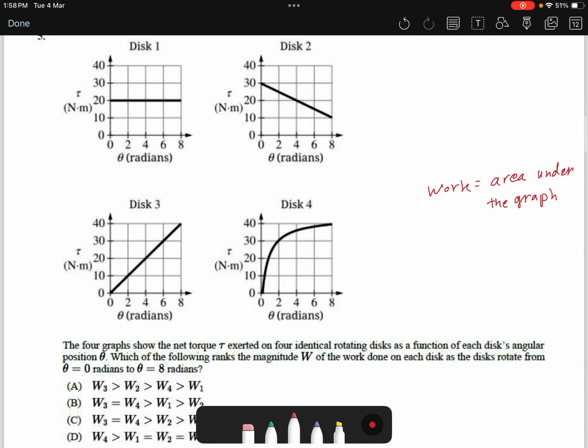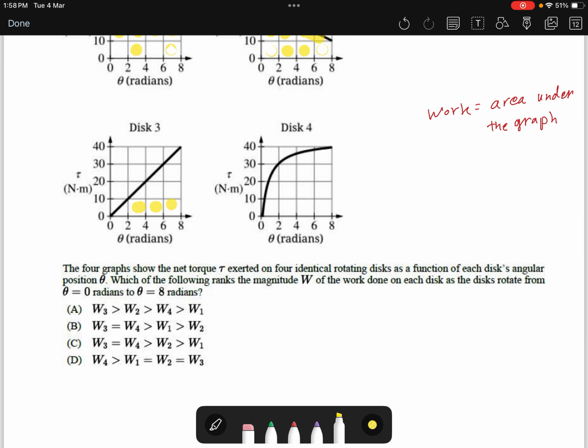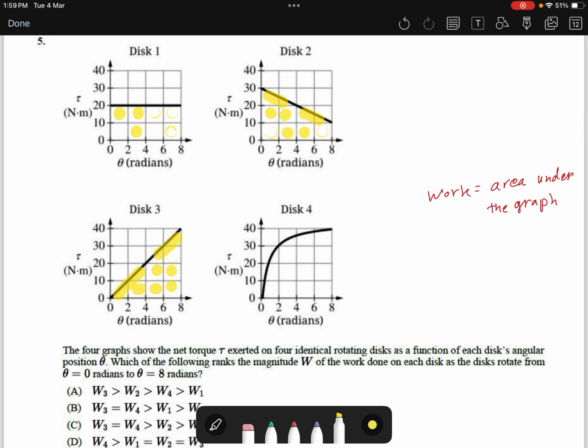As we can see here, if you want to calculate it, you can look at the squares and count them: 1, 2, 3, 4, 5, 6, 7, 8, so 8 squares. Here, 1, 2, 3, 4, 5, 6, 7 and 8, so same. Here also 1, 2, 3, 4, 5, 6, 7, 8. So we found that for disks 1, 2, and 3, the work is constant.